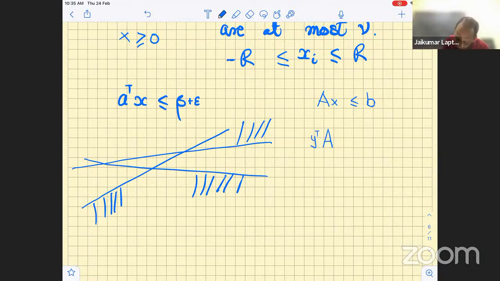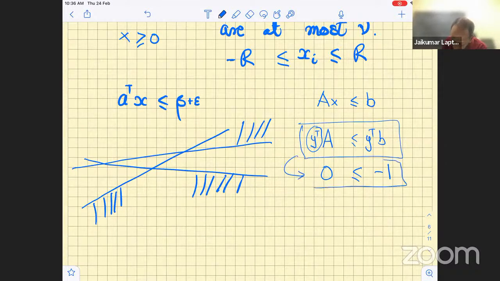So we can find these multipliers so that we can derive the inequality 0 ≤ -1 from this, by multiplying by a suitable y. So this y, this dual solution, is a witness to the infeasibility.